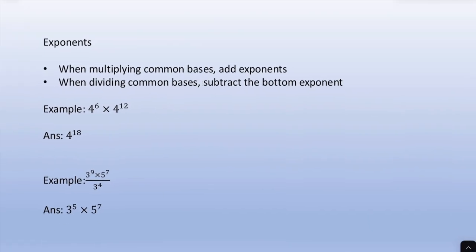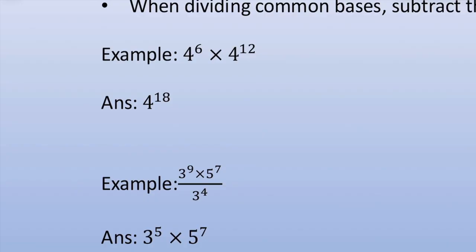Let's talk about exponents. Now exponents, you keep the base when you're multiplying, but you add the exponents. When you're dividing, you keep the base, and you subtract the bottom exponent. Okay. So in this first example here, the bases match, a 4, keep the base, add those exponents, and that becomes 4 to the 18th power.